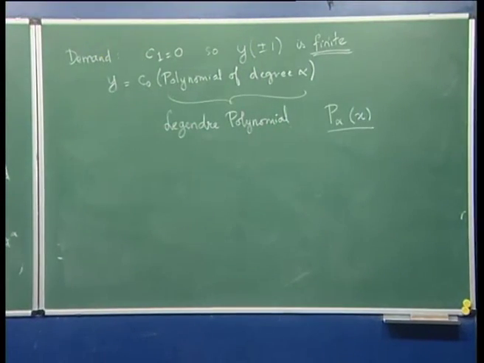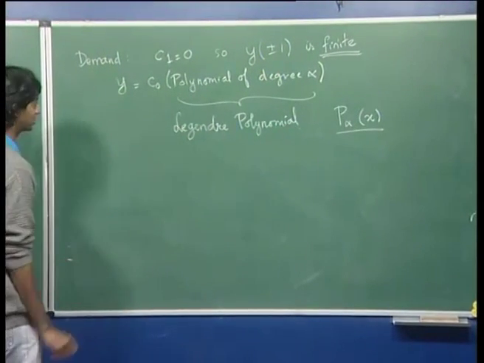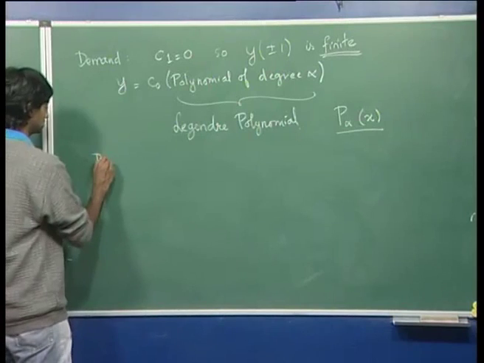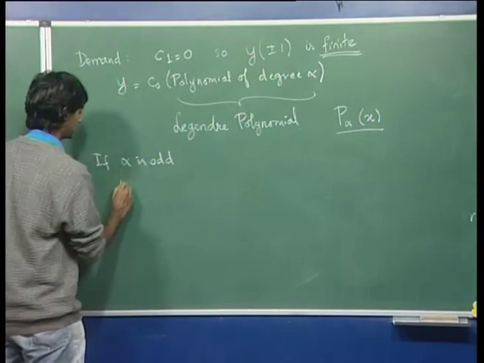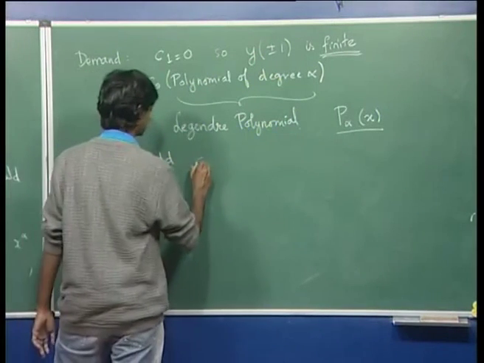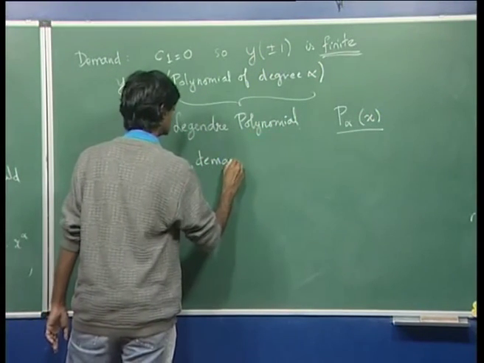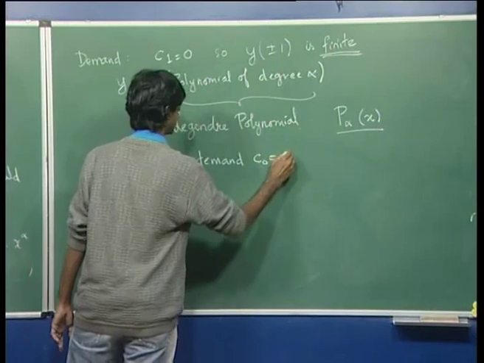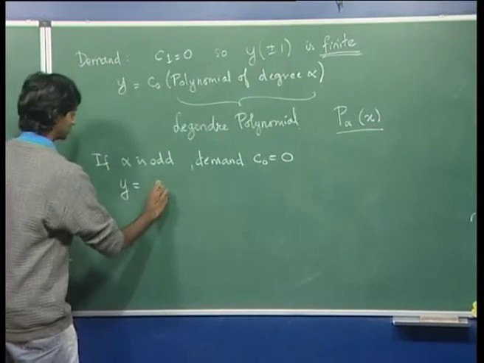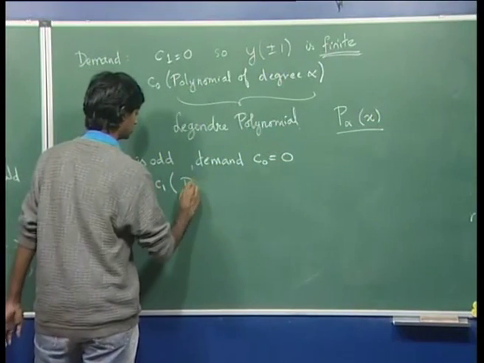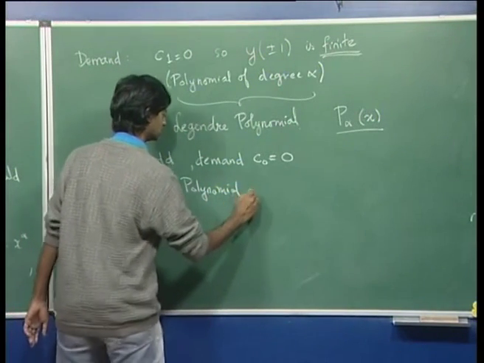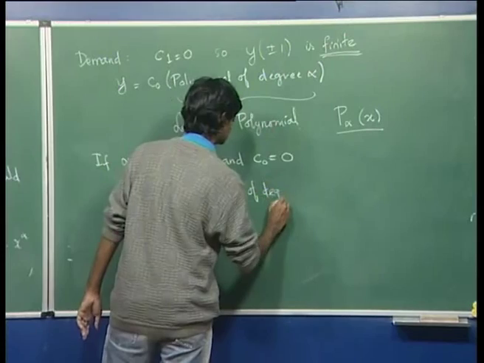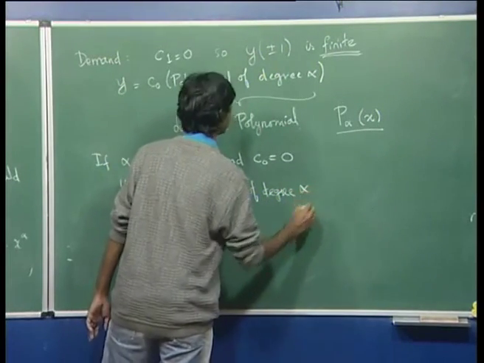You can similarly do this for odd also. If alpha is odd, you demand C0 equal to 0, so y is equal to C1 times a polynomial of degree alpha.